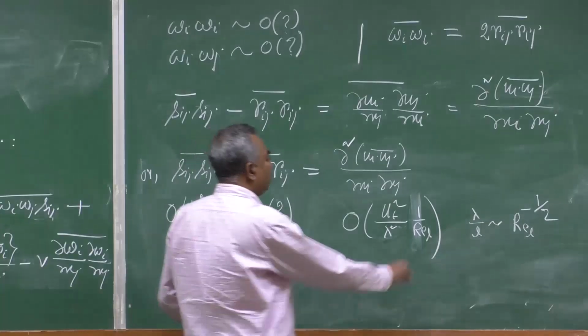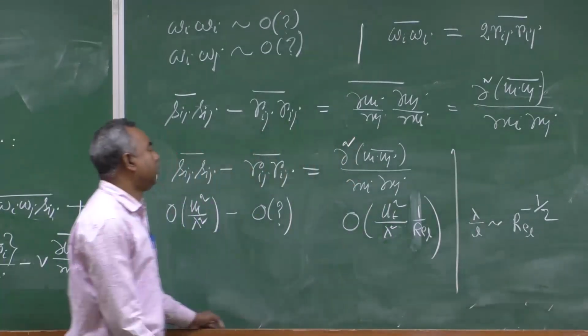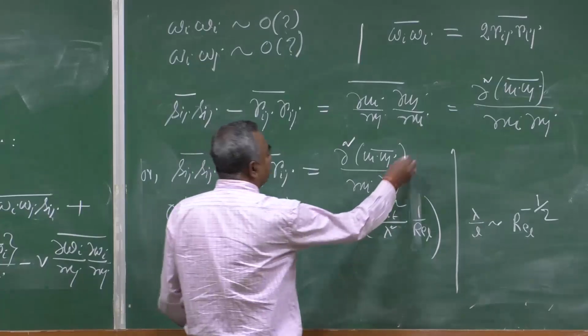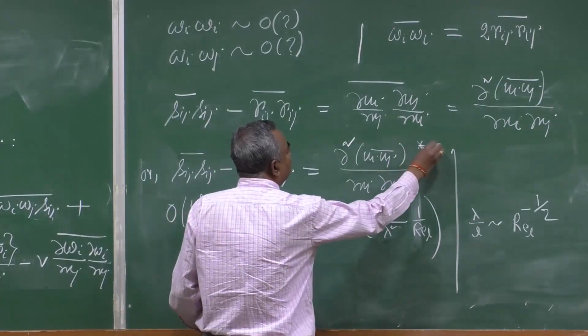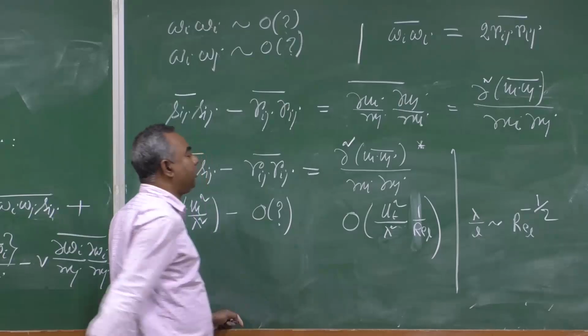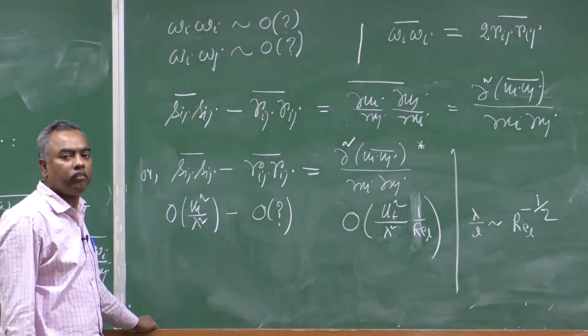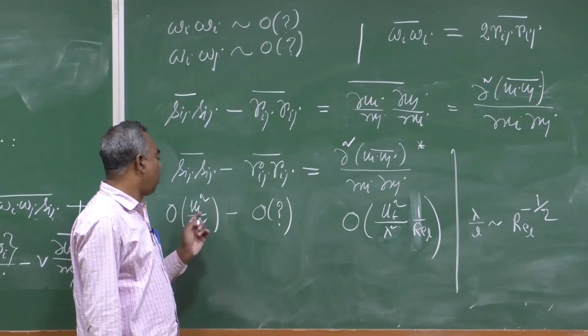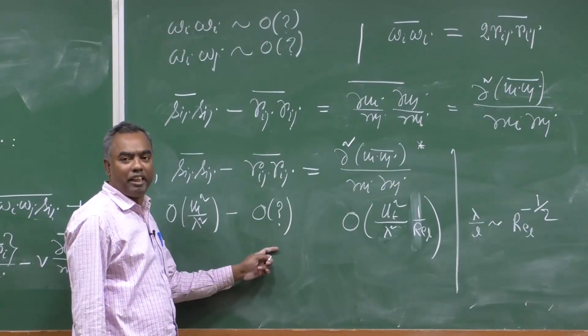Okay. So, that means for large Reynolds number, the order of magnitude of the right hand side term is negligible. Okay. Since we do not know the order of this term, the order of this term and the order of this term should be the same.